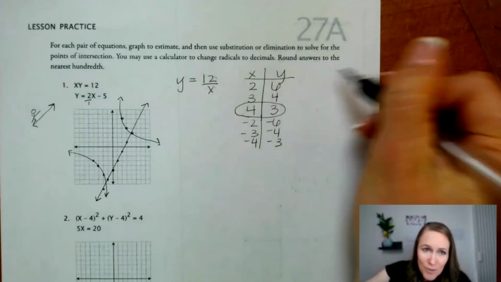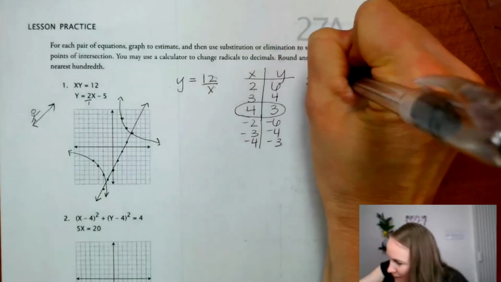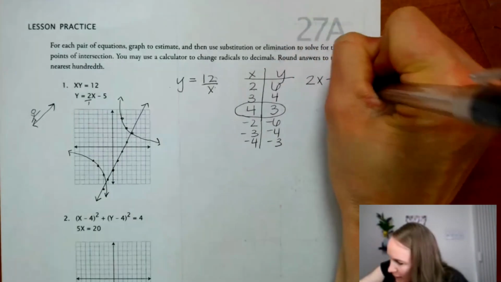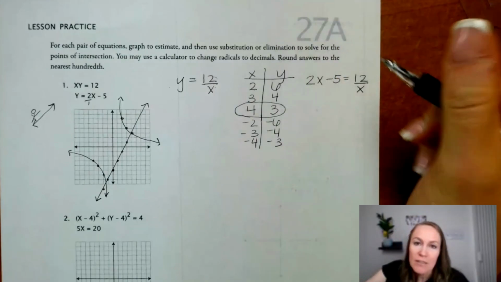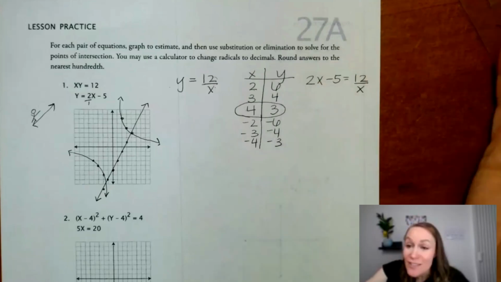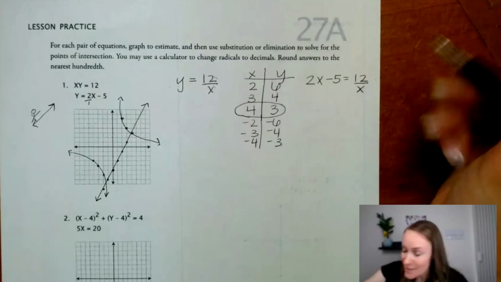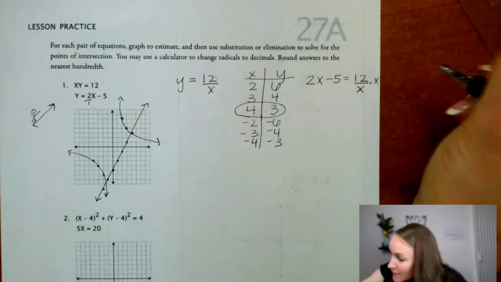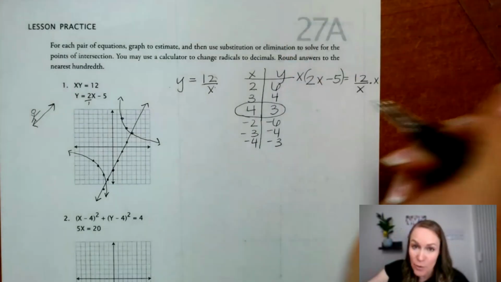So I think I'm going to do it over here. 2x minus 5 is equal to 12 divided by x. Remember, I can do lots of things in math. One of the things I can do is I can multiply this x. So I can multiply x over here, and that's fine as long as I also multiply x on this side of the equation.